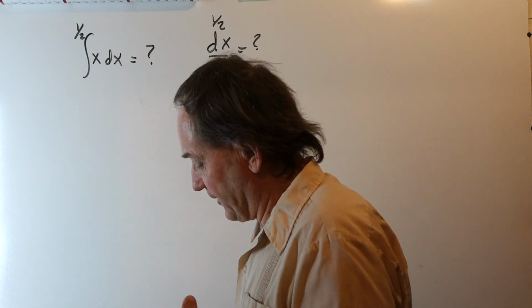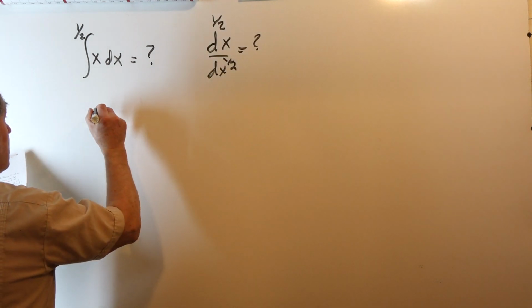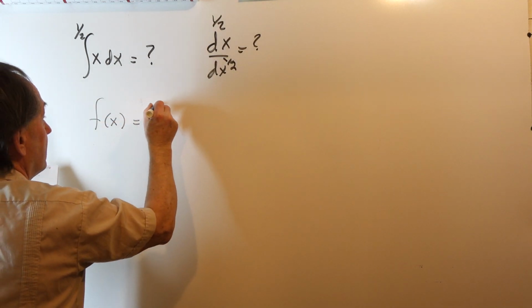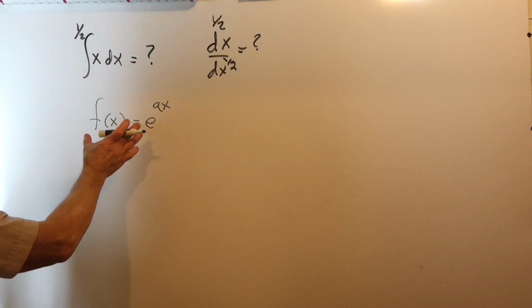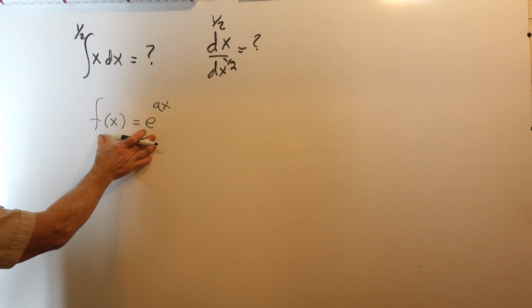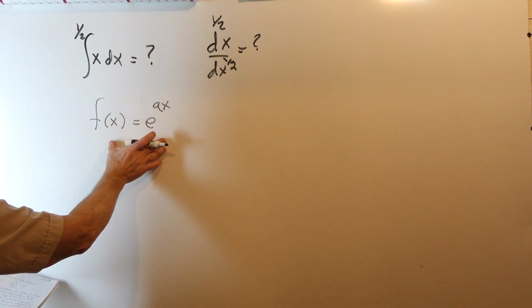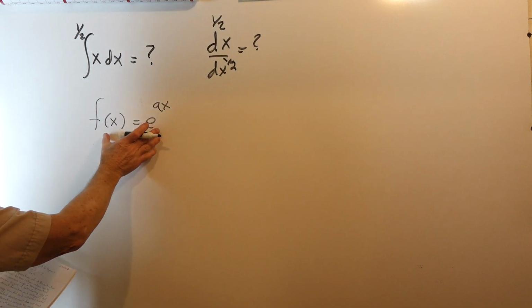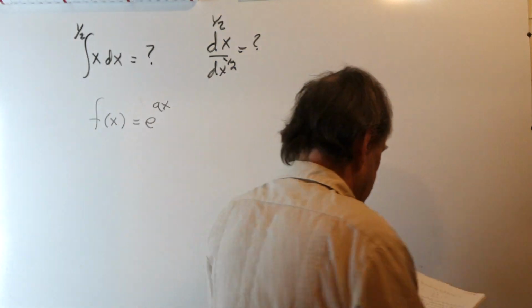where the nth derivative of, say, if we're dealing with an exponential, f of x equals e to the ax, what is done in the exponential development is they just extend the normal way you differentiate exponentials.